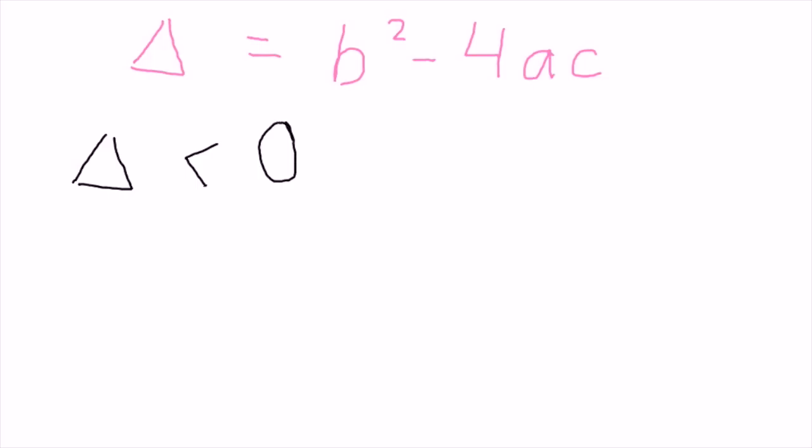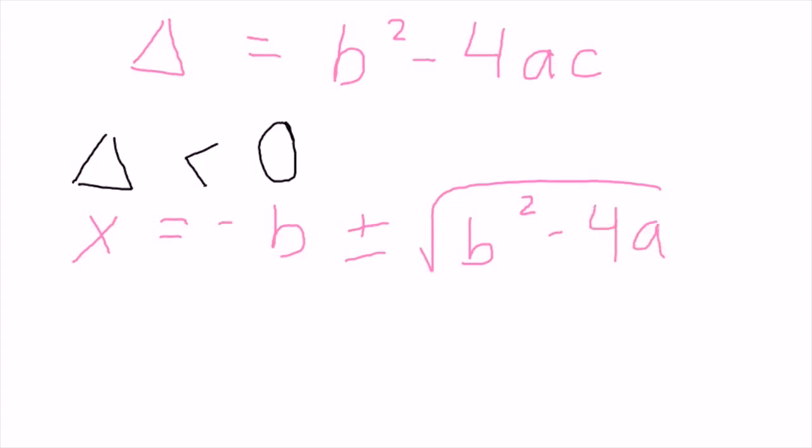For example, if you solve using the quadratic formula, which is x is equal to minus b plus minus root b squared minus 4ac over 2a, and you end up with delta being less than 0, then you will end up with a root of a negative number.